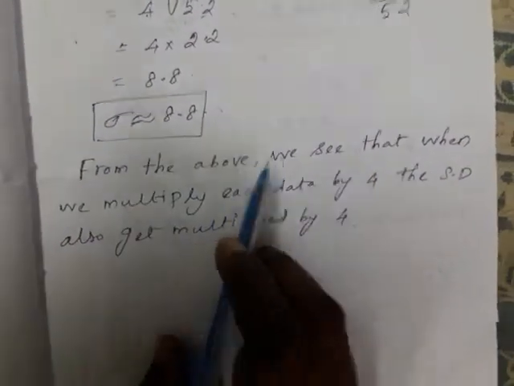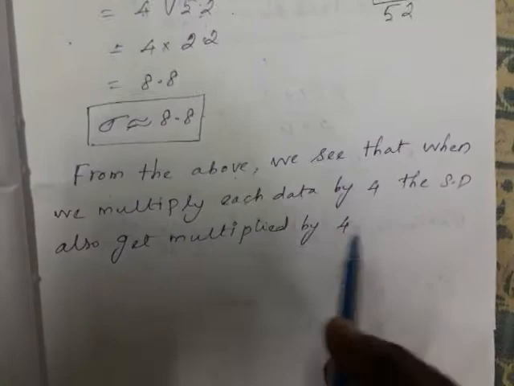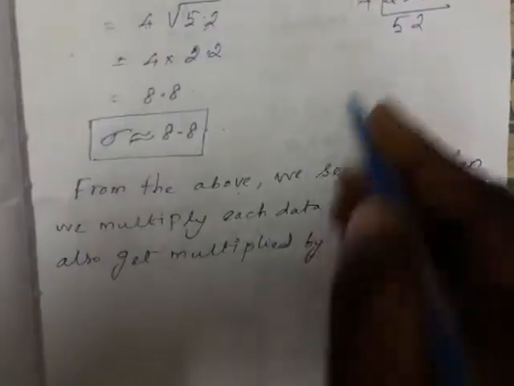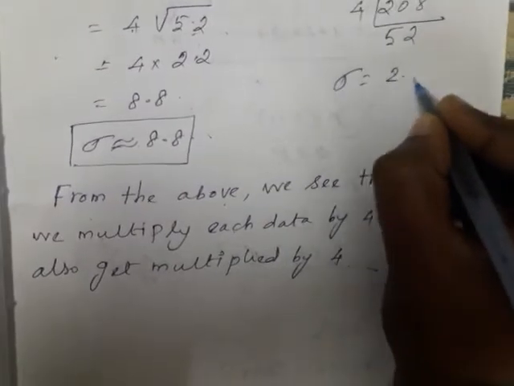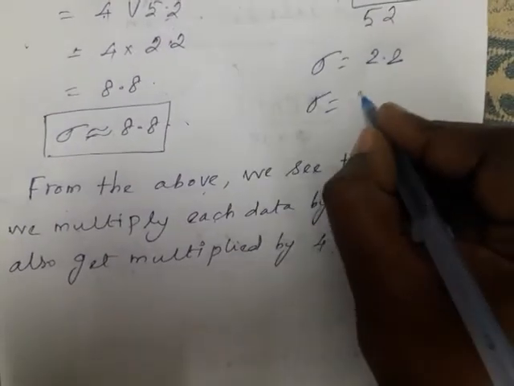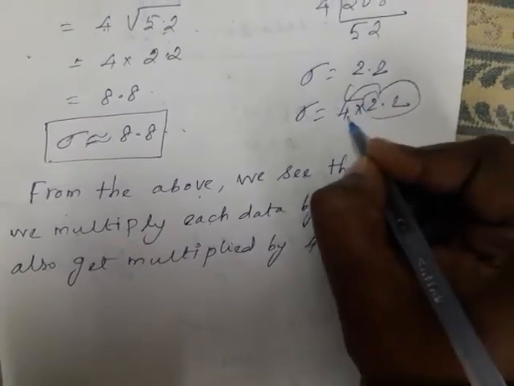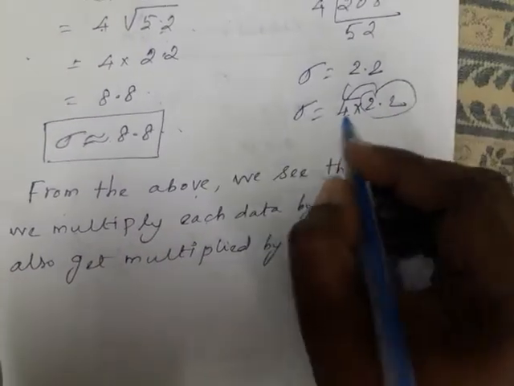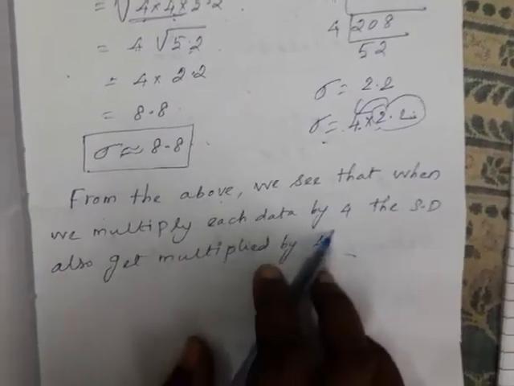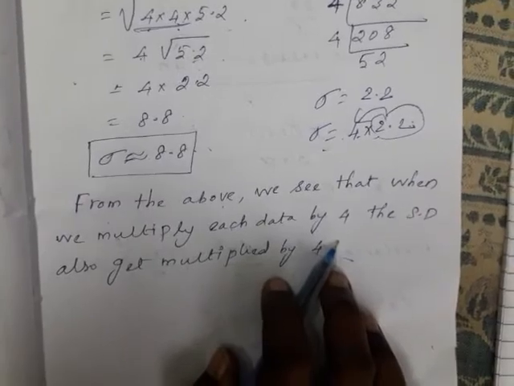From the above two values we see that when we multiply each data by 4, the standard deviation also gets multiplied by 4. Before, the sigma value was 2.2; after multiplying by 4, we get 4 into 2.2, which is 8.8. So when we multiply each data by 4, the standard deviation is also multiplied by 4 only. Thank you students. We will see the next sum tomorrow.